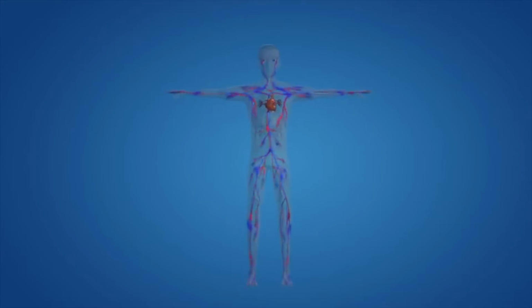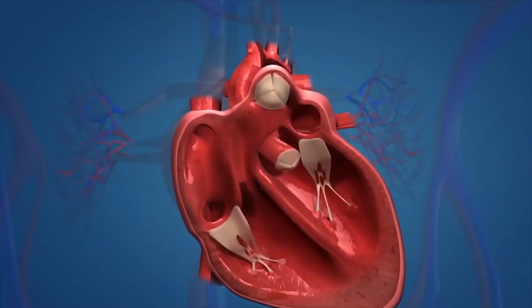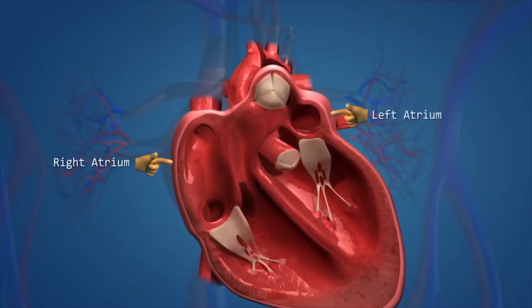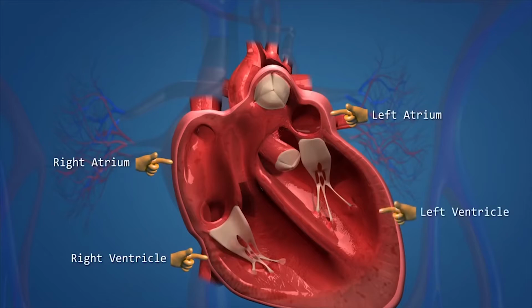Let's go deeper to examine the structure of human heart by doing longitudinal section. The heart is divided into four chambers: right atrium, left atrium, right ventricle, and left ventricle.